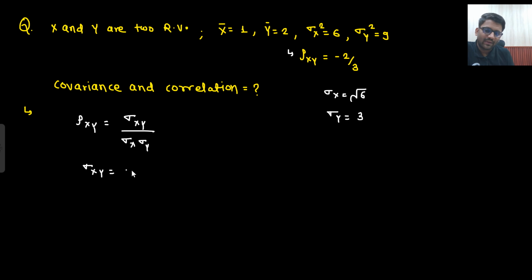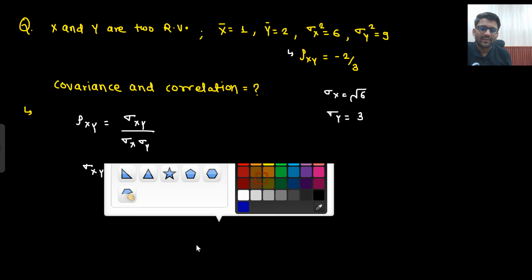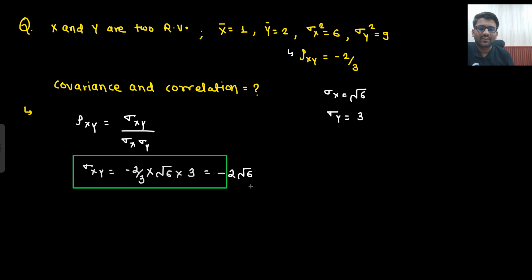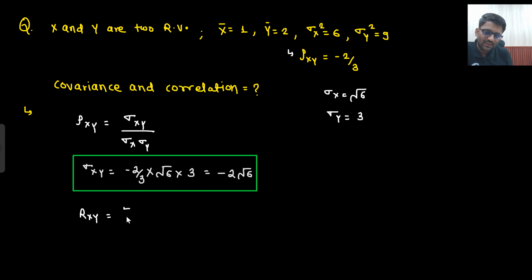That would be minus 2 by 3 into sigma x, which is under root 6, into 3. So the answer would be minus 2 under root 6. This is your sigma xy. Very, very straightforward. And what next do I need to find? Correlation, which is E of xy.